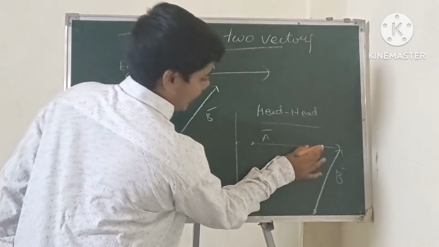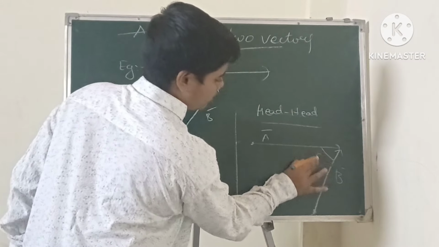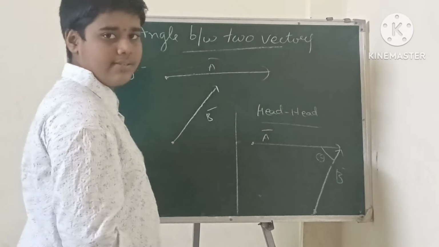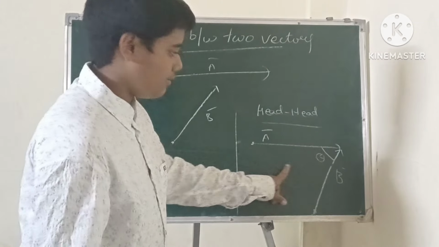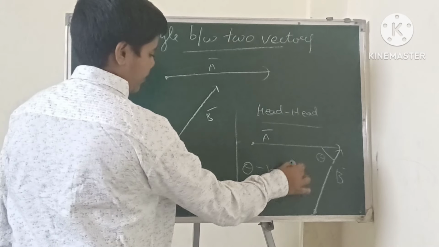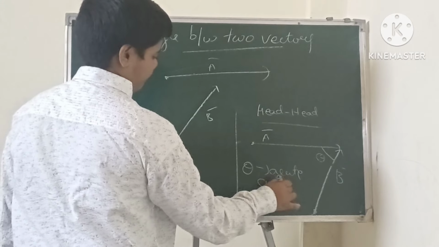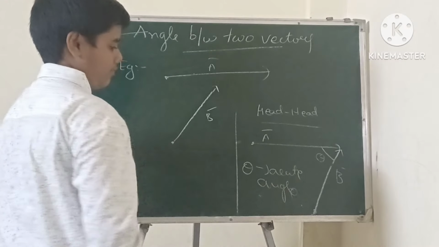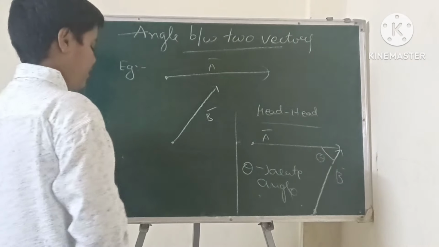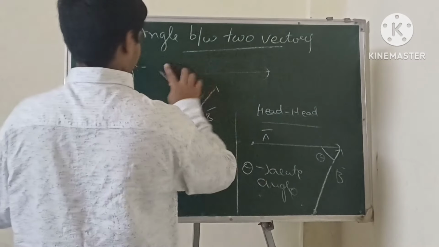The angle between these two is this theta. So the angle between A bar and B bar is an acute angle. Like this we can find the angle between two vectors.